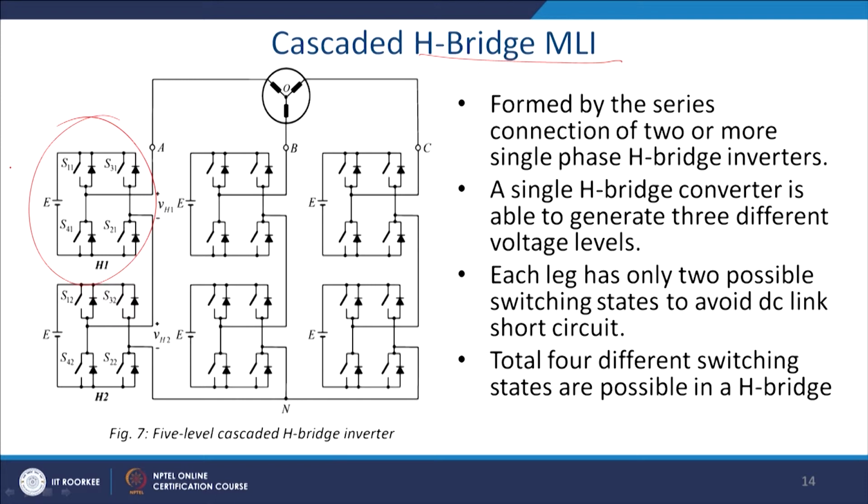So, for the 5 level, you can have this E and E that constitute phase A. Similarly, this will constitute phase B and this constitutes phase C. If you see the number of switches in the 5 level, you require 8 switches per phase. So, you require 24 switches.